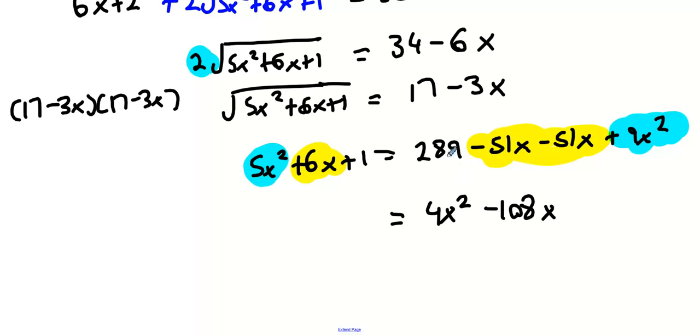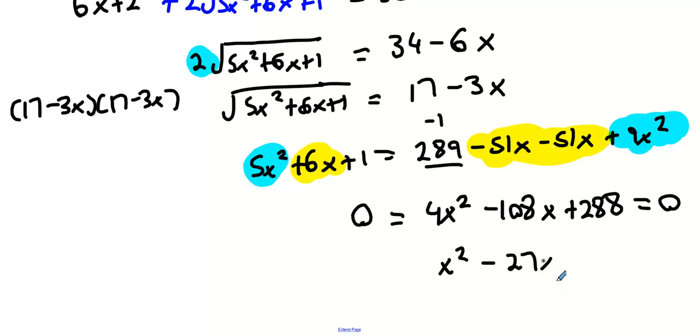Lastly, this 289, this 1 comes out the other side and takes away from it. That's going to be plus 288. Now, lads, the equal 0 can either be on the left or it can be on the right. Now, if we divide both sides by 4, which we're allowed to do, you can do the minus b formula there if you want, but I'd be inclined to, what's that, 72? Factors of 72 are 3 and 24.